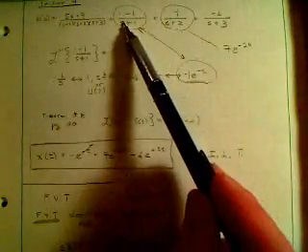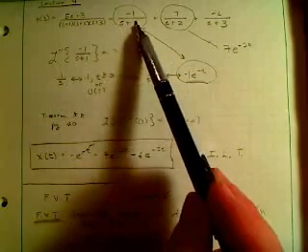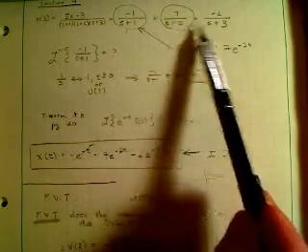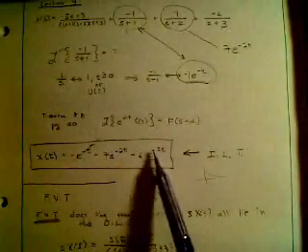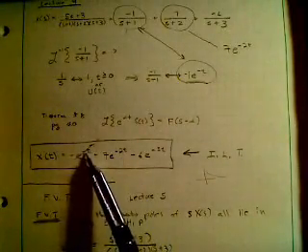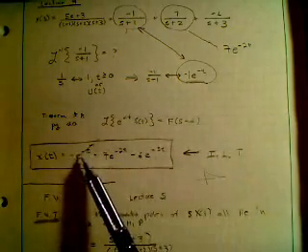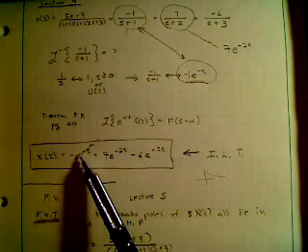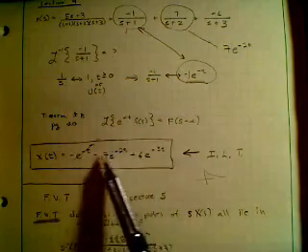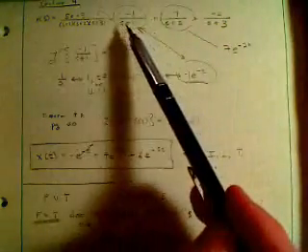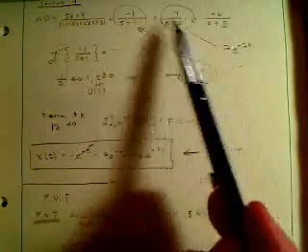If this pole was in the right half plane, if this was s minus 1, or s minus 2, s minus 3, if any of these poles were in the right half plane, the sign would have changed. And therefore, this would have been e to the t, which would have grown without bound. And so you don't know what the limit is, because it doesn't approach a single steady state number. That is why the poles must be in the open left half plane.